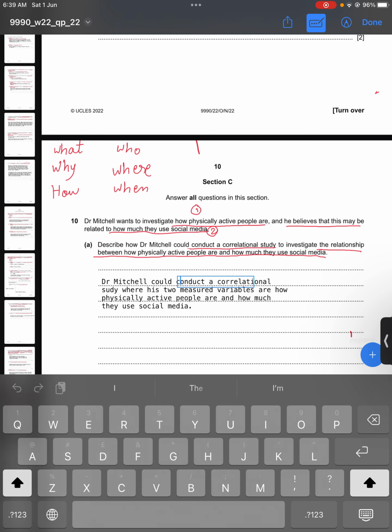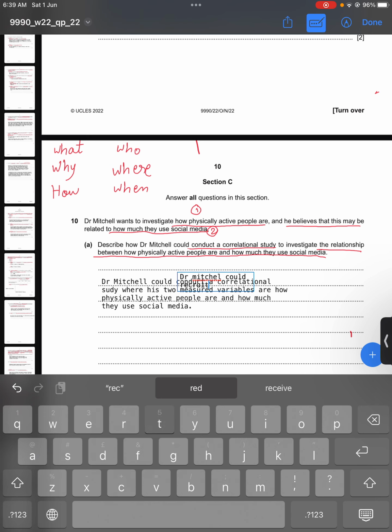And then for this, you are going to write the whole procedure, and before the procedure, you also need to write about the sample. So let's say you can write Dr. Michel could recruit his sample through opportunity sampling.